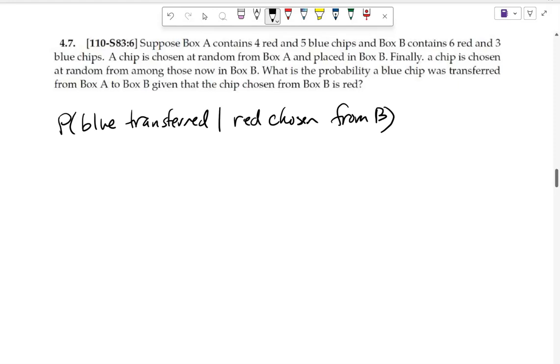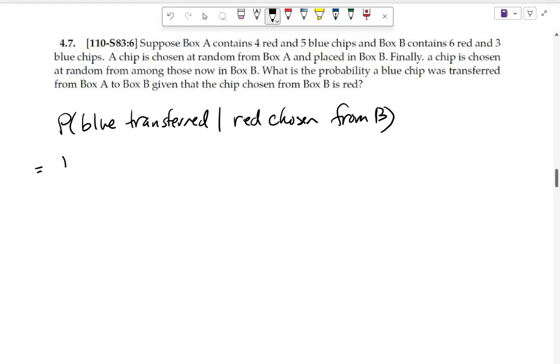So that's kind of my indication that I probably want to switch this around. It's a lot easier to do the conditional probability the other way around. Right? Feels that way, doesn't it? Could you repeat which part? So is it easier to compute this the other way around? If I know a blue one was moved over to B, is it easy to calculate getting a red one? Yeah, and so that's our indication here that we might want to switch it around. Okay.